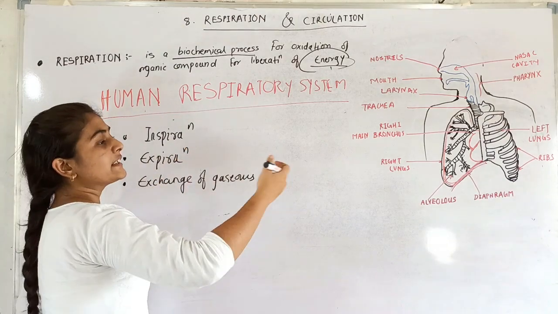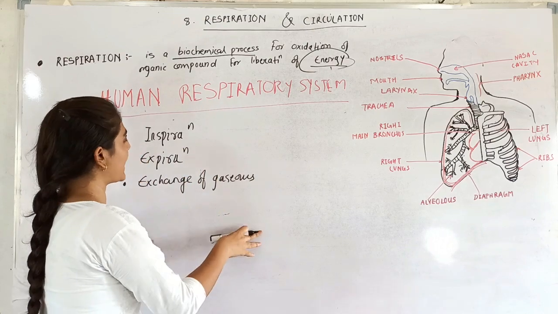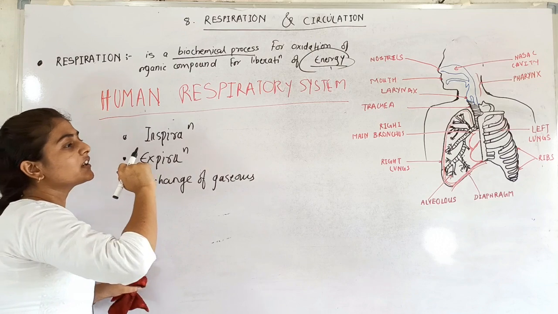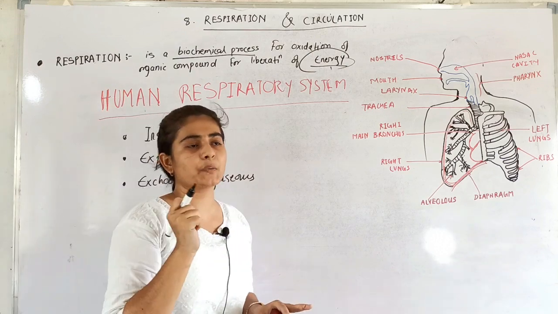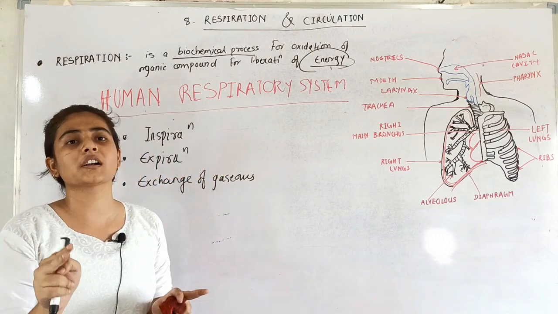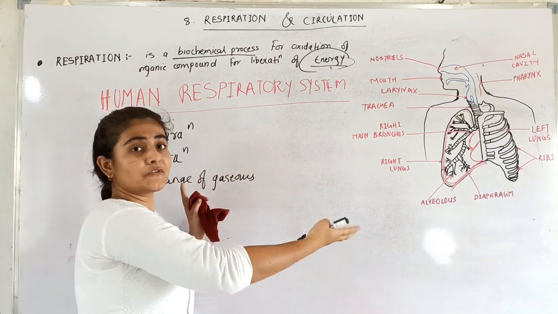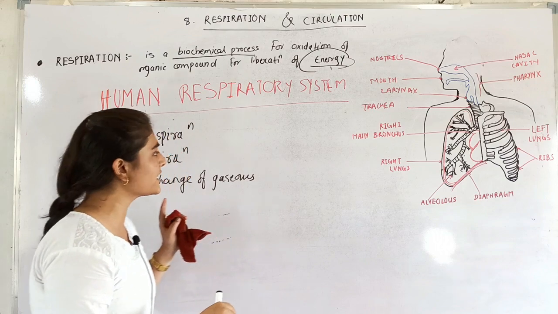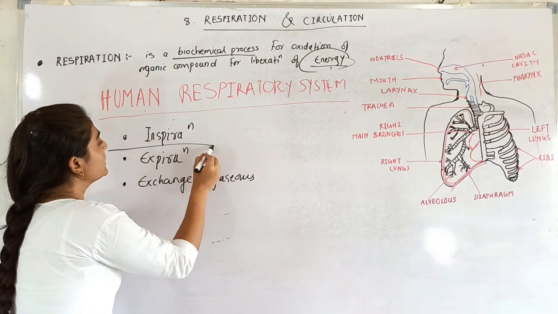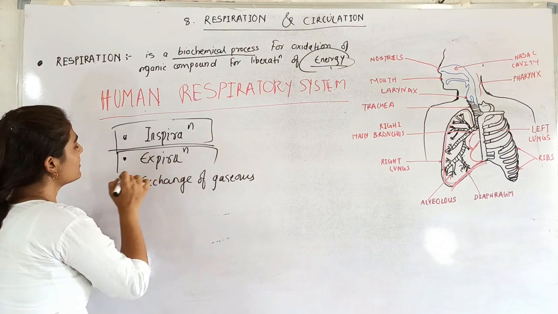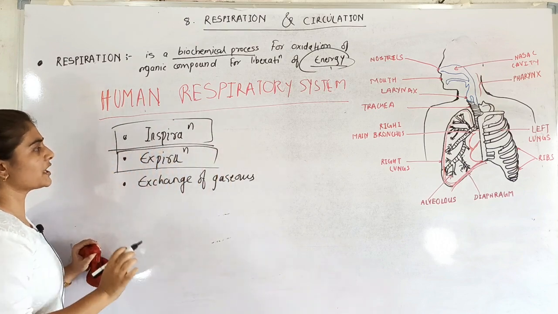In humans there are different organs for exchange of gases and for inspiration and expiration. When we hear the word respiration, the first 2 words we recall are inspiration and expiration. Another word for it is inhalation and exhalation. So this is the starting point of respiration and this is the ending point of respiration.